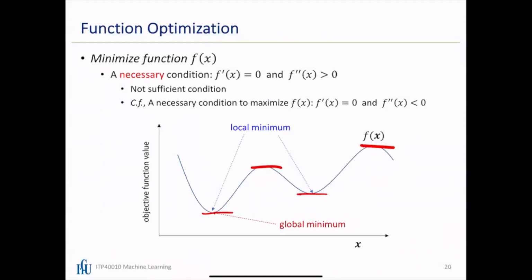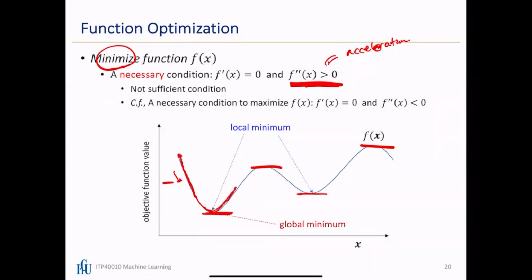One additional condition, where we want to find the minimization, is that we also measure that f double prime is positive. Double prime means acceleration. Where it is positive, you're going down, going down, going down, but the rate of change is actually turning positive. So the acceleration at this point is negative, so you're going down. But after some point, your slope is 0. After that, your acceleration is turning positive.